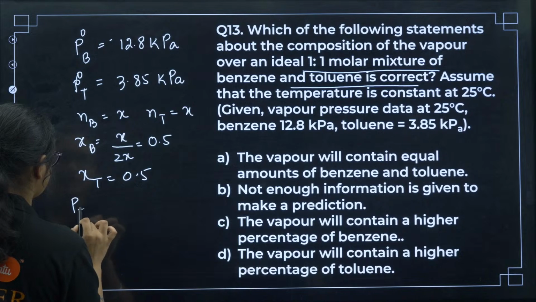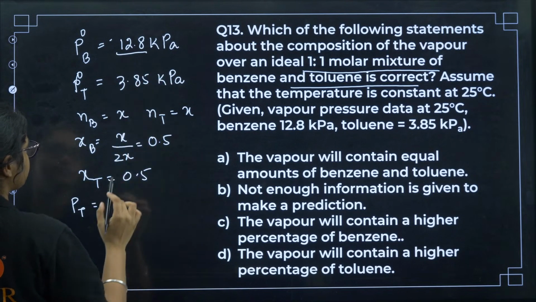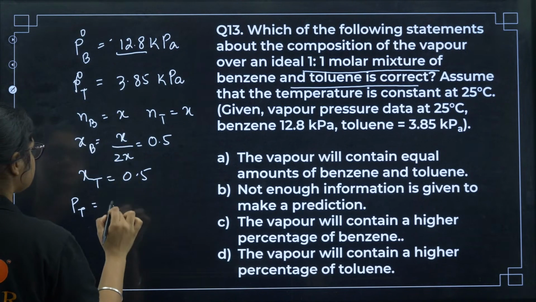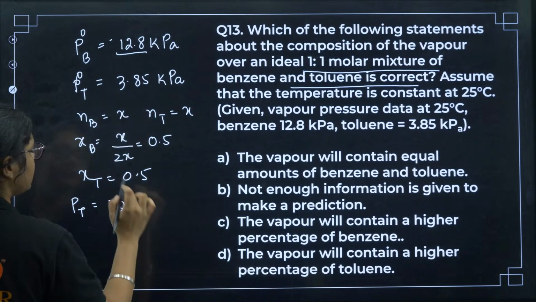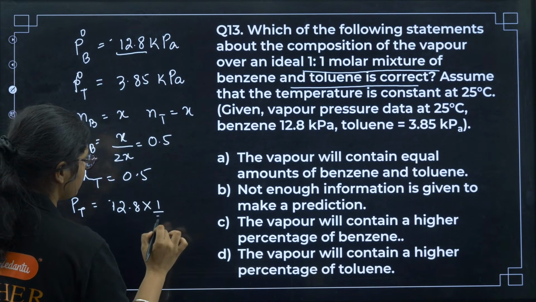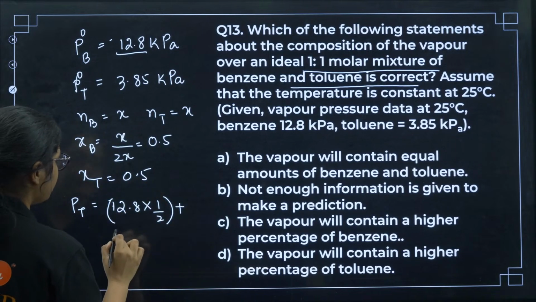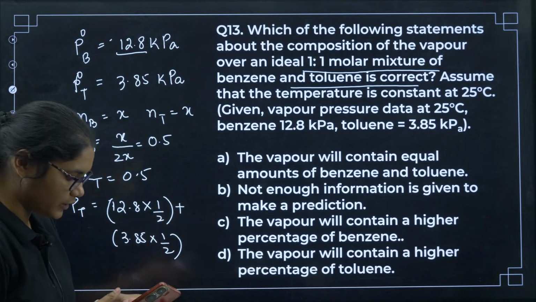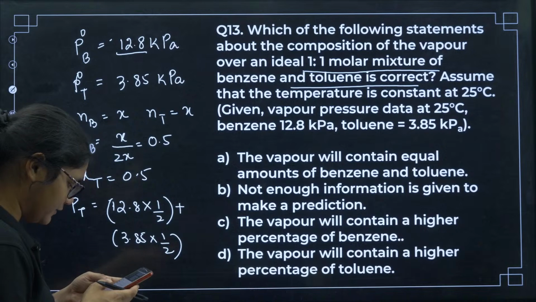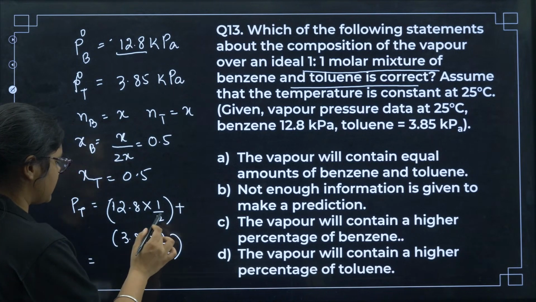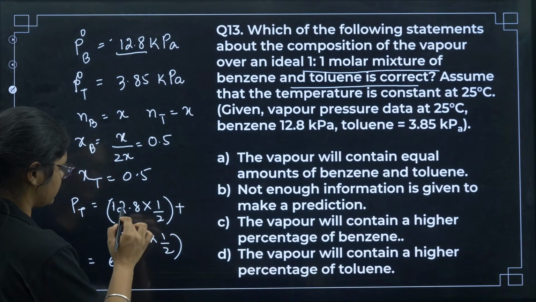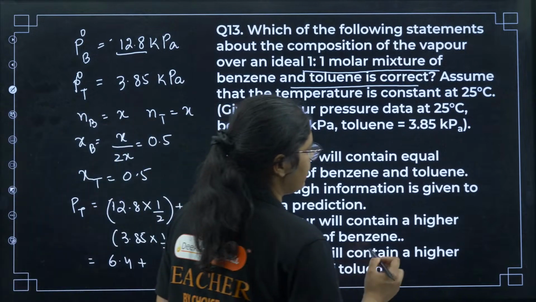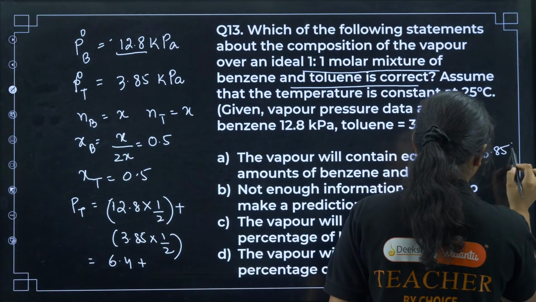Total pressure is 12.8 into 1 by 2, plus 3.85 into 1 by 2. If I solve this, I'll get 6.4 from the first term, and the second term is 3.85 divided by 2.